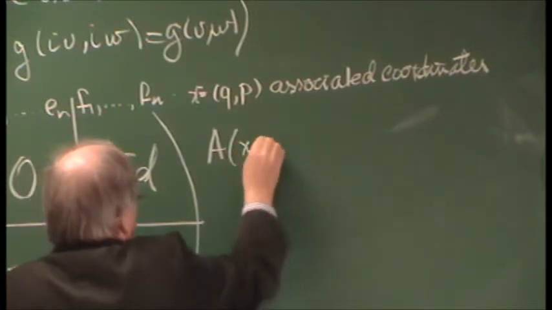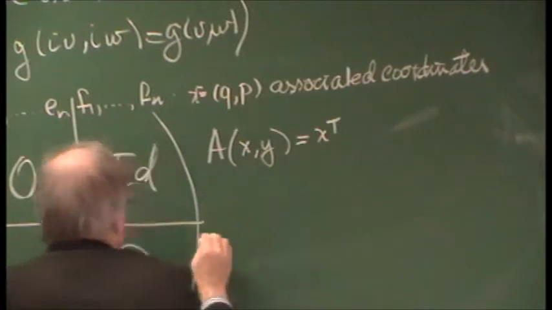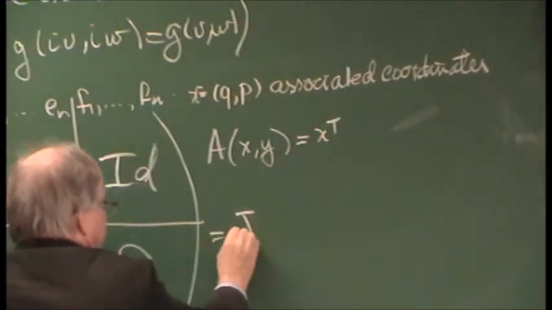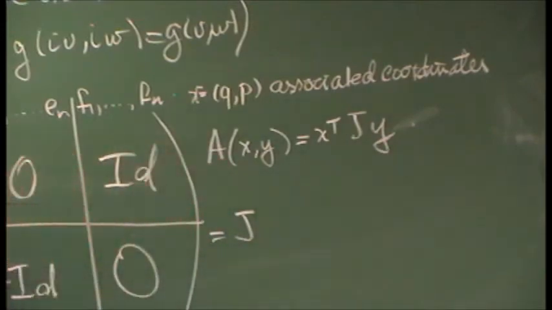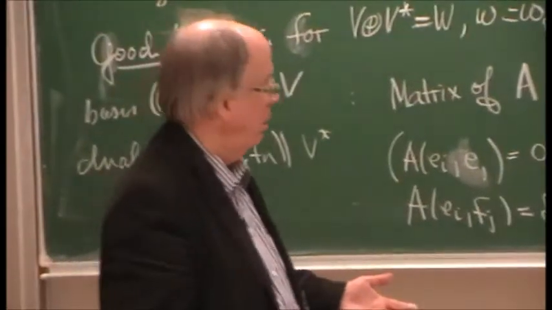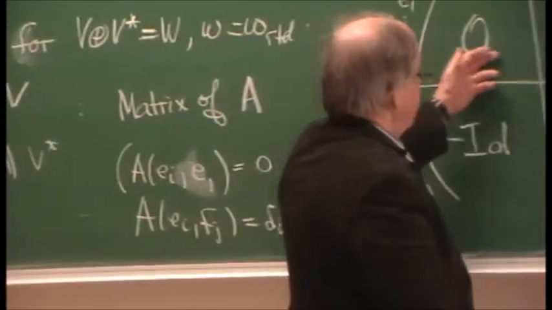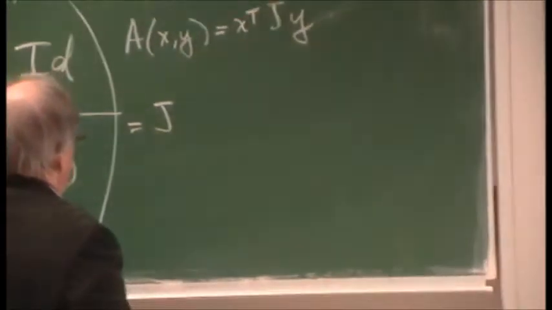So A of x, y is then x transpose with this matrix. So this matrix we call J. That's how you do the matrix of a bilinear form in coordinates x, well, I like to use p and q.